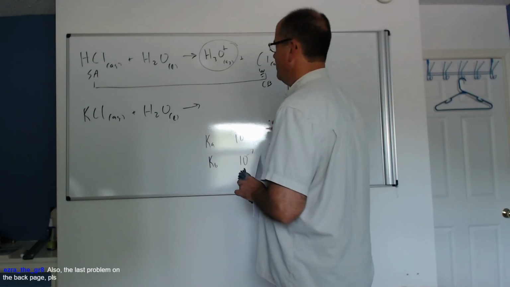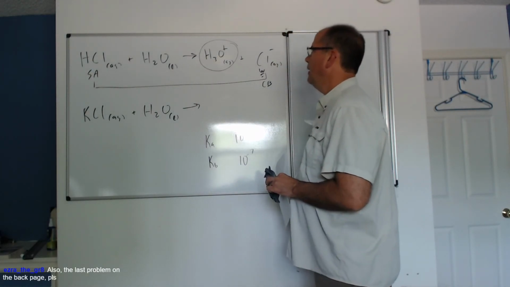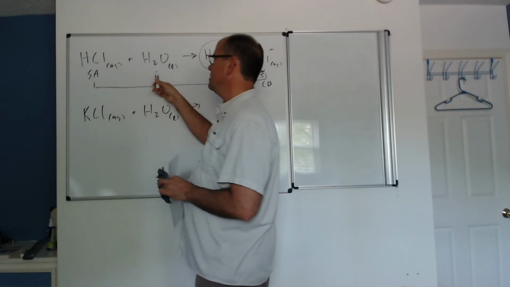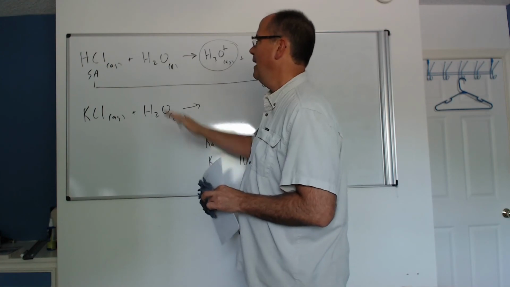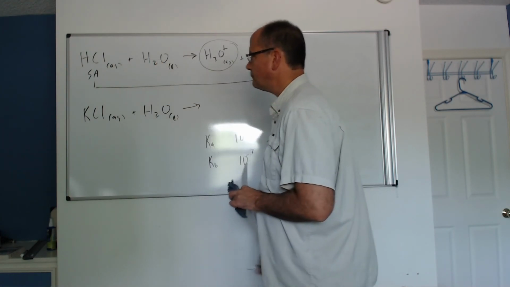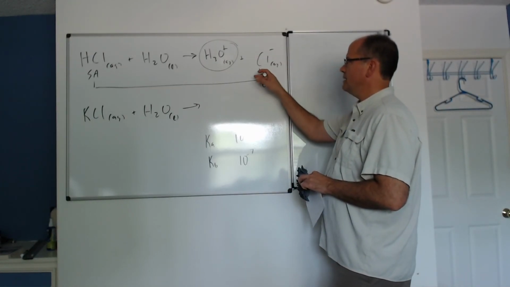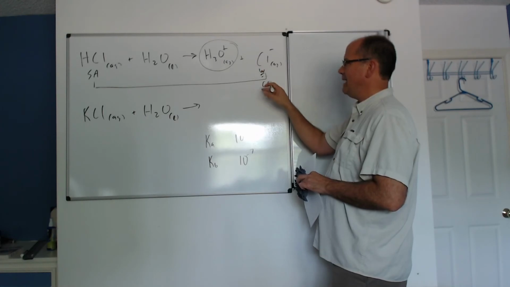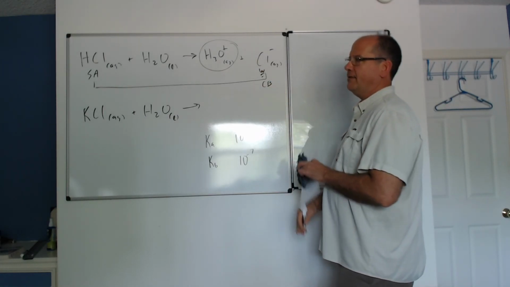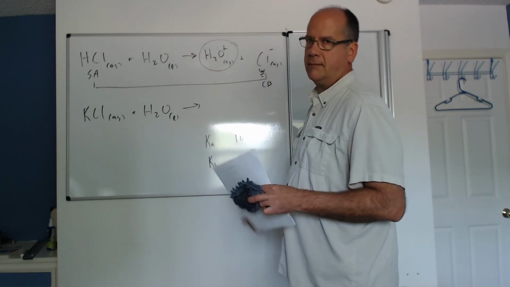If on the other side you have hydroxide, it's going to be basic. So we have a strong acid mixed with a weak base. Water is amphoteric, so it's acting like a base here. And because this is so weak, its Kb value is going to be less than 10 to the negative 7. It's going to have even less of an impact on pH than pure water has on pH.